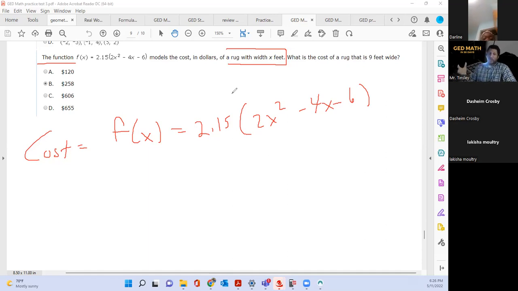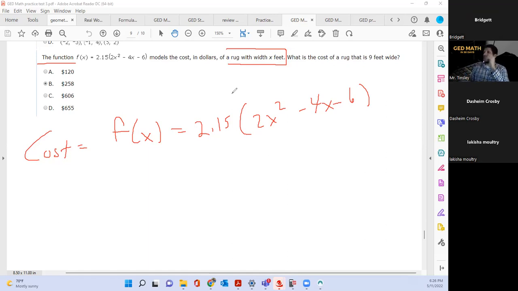It is 2.15, that's right here. The whole thing says f of x equals 2.15 times 2x squared minus 4x minus 6. Correct. Keep going. It models the cost in dollars of a rug with a width of x feet. Keep going. What is the cost of a rug that is 9 feet wide?